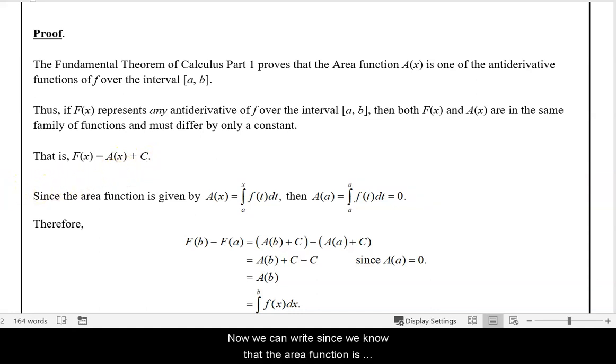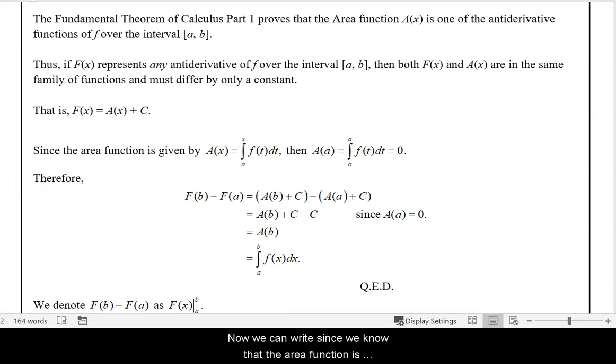Now we can write, since we know that the area function is equal to the definite integral from a to an unknown variable x of the function with respect to t, and because we know that the area function at a, which represents no area at all, since I started at x equal a and stopped at x equal a, this implies that it would give me 0.